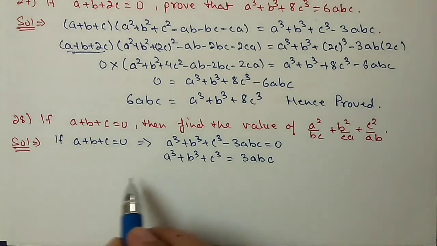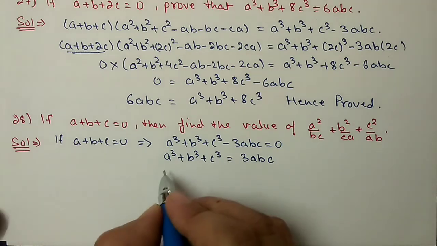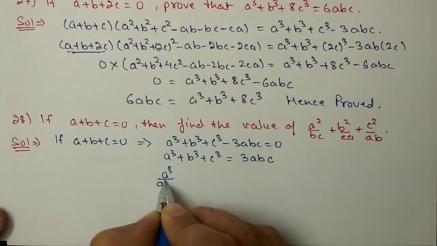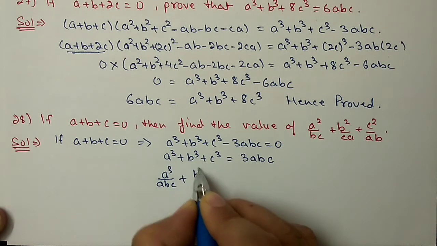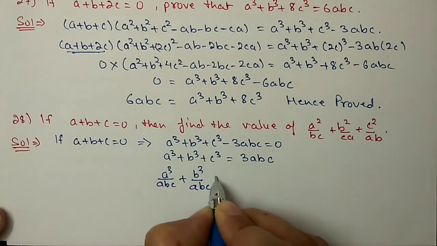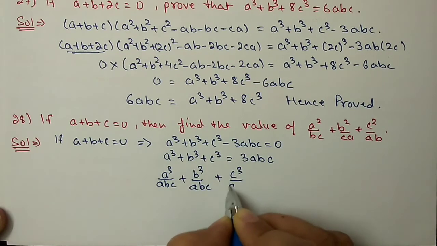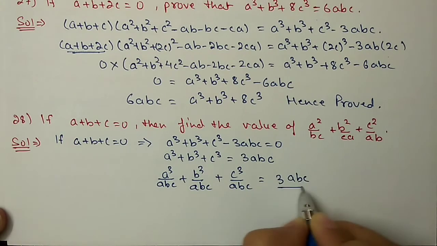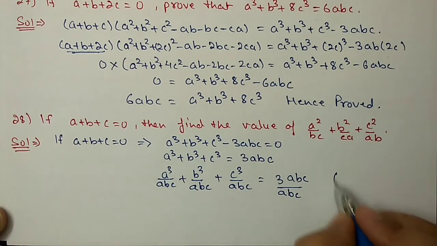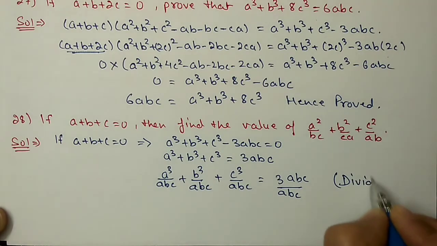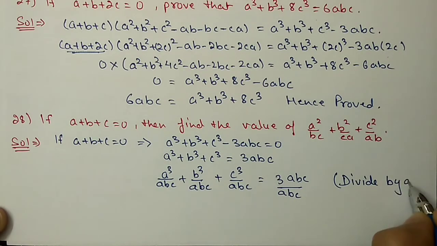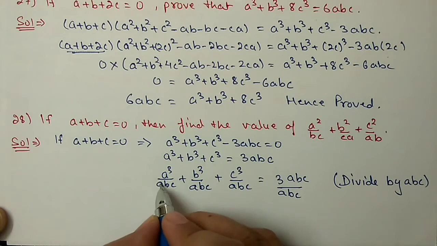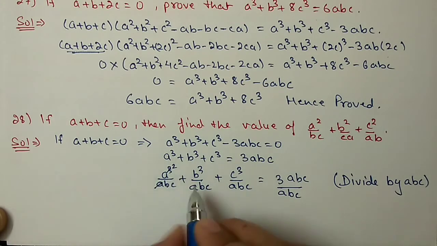So we will divide this whole thing by abc. So a cube by abc, b cube by abc and c cube by abc, and the right side also 3abc by abc. Now one a we can cancel, here we will get a square.